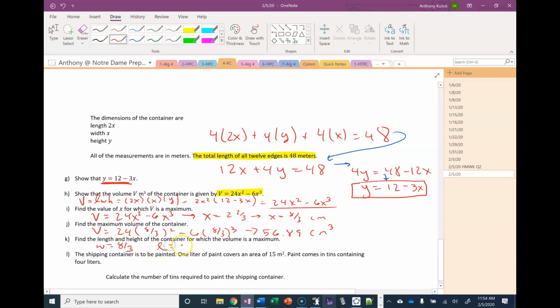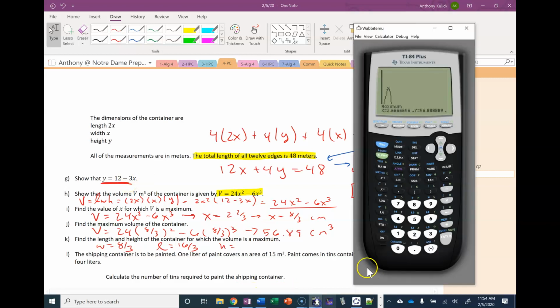And since the length is 2x, I know the length. I just multiplied it by 2. And since the height is y, and y equals 12 minus 3x, I can just do that on my calculator. 12 minus 3 times 8/3, which just gives me 4.